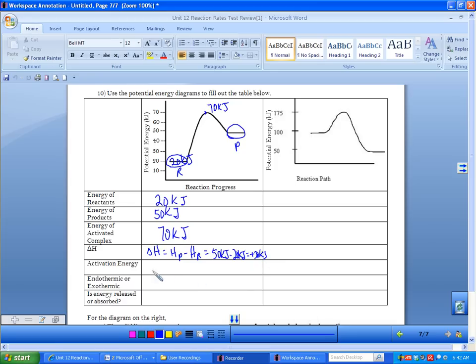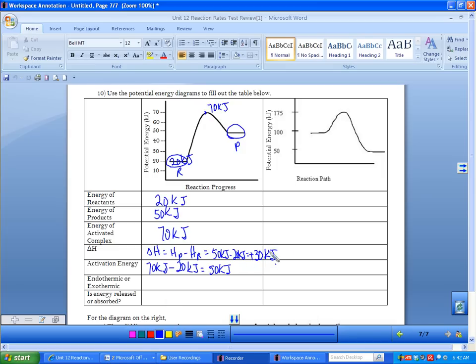And then my activation energy would be the 70 kilojoules for the high point, the activated complex, minus the 20 kilojoules of the reactant that I started with. And if I did that correctly, I got 50 kilojoules. And that's a 3 right there in case you can't see, that's a mess. Hang on, let's fix that. Positive 30 kilojoules.